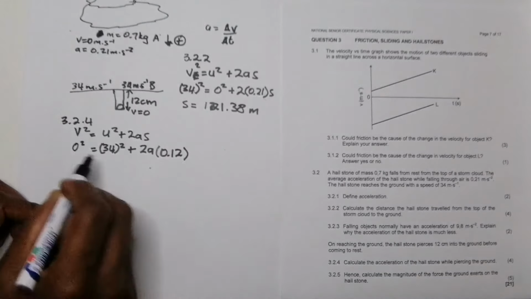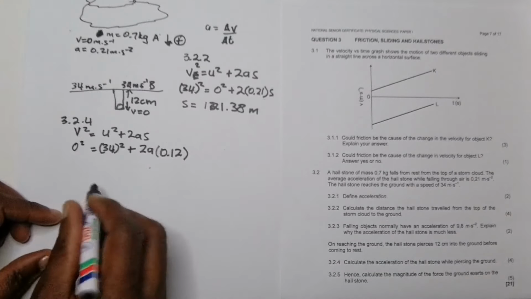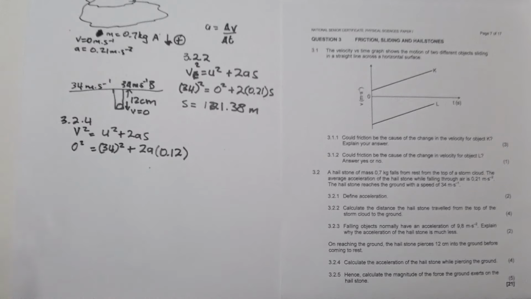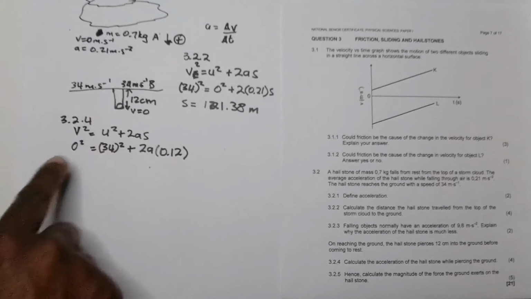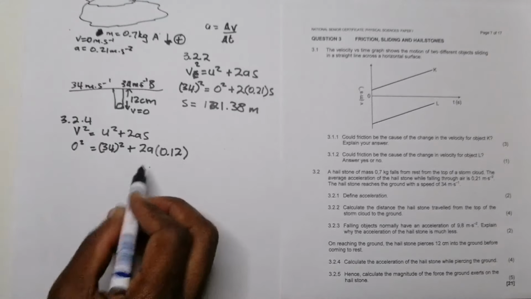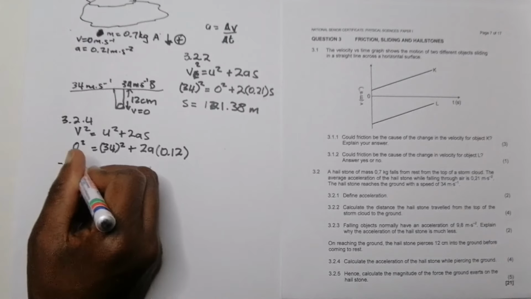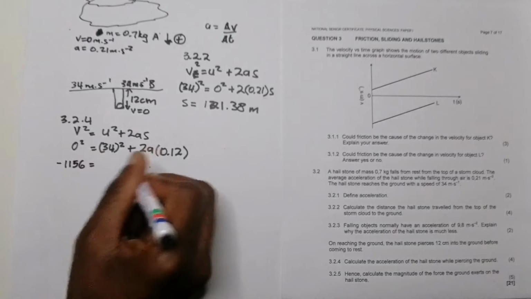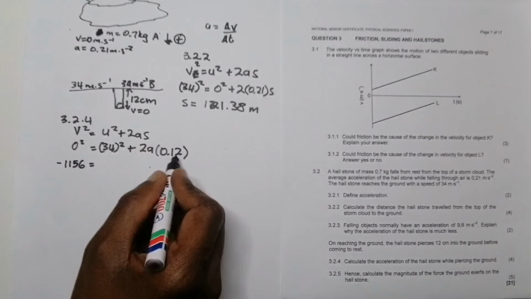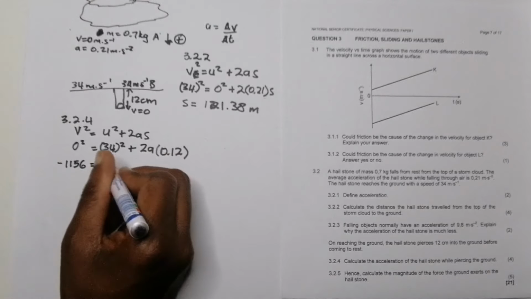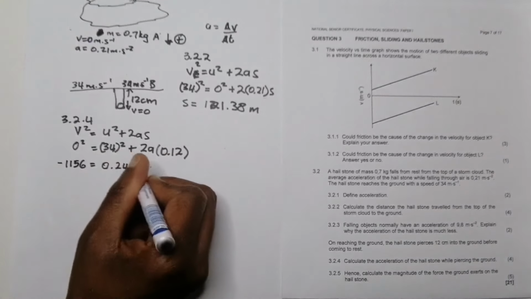Right, so let's find that acceleration. If I take 34 squared to the other side, which is 1156, it becomes negative, so I've got minus 1156, and 2 times 0.12 is 0.24a.